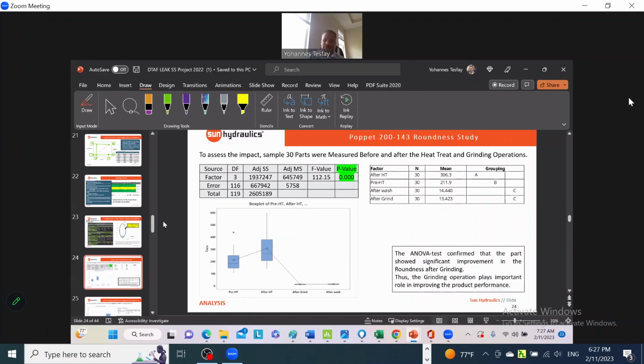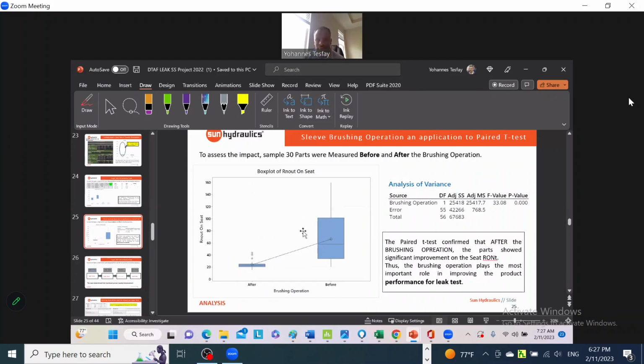Then the next phase is brushing. You see, this is after brush, but this is before brush, for roundness. What we want is for it to be less than 30. 30 is right here. Before brushing, everybody failed.